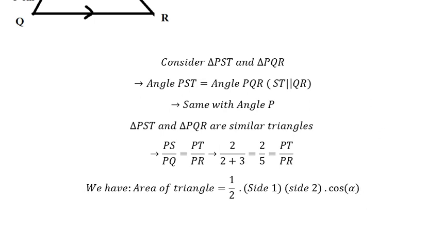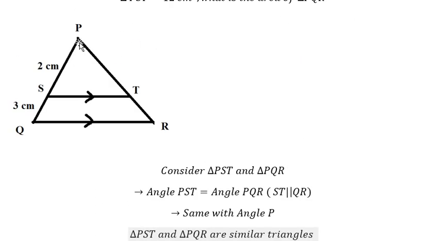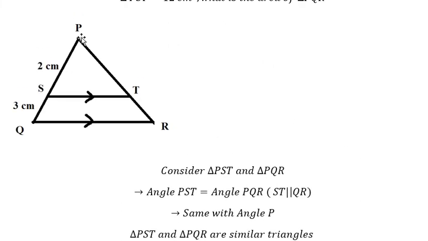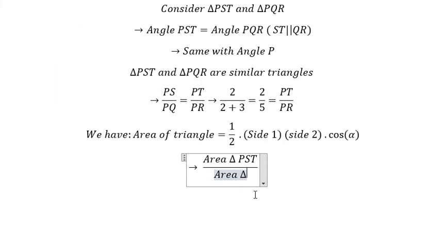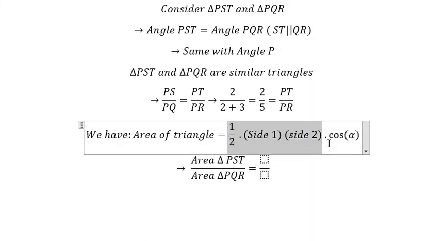Now we can apply the ratios in here. So the area of BHT over the area of BQR equals the formula in here.